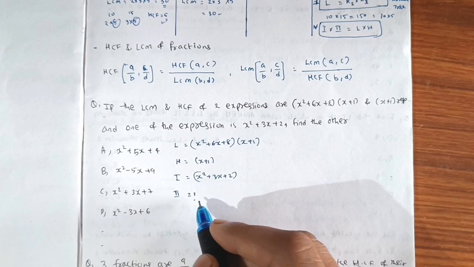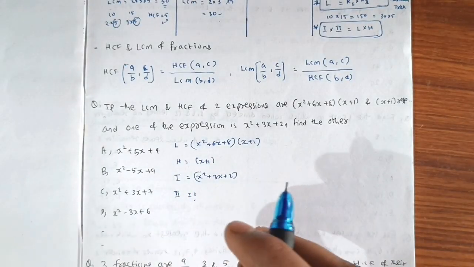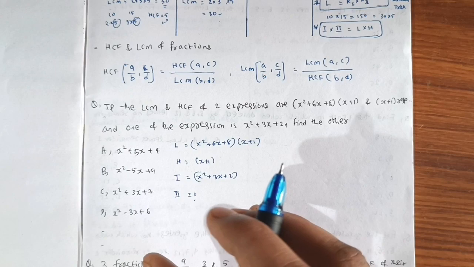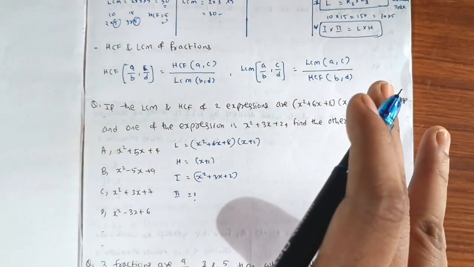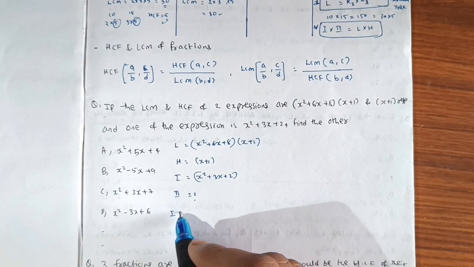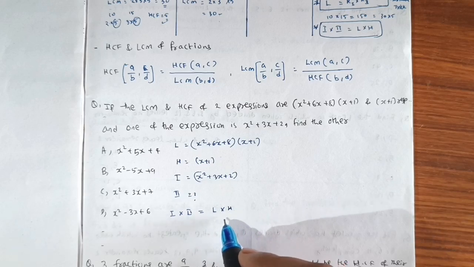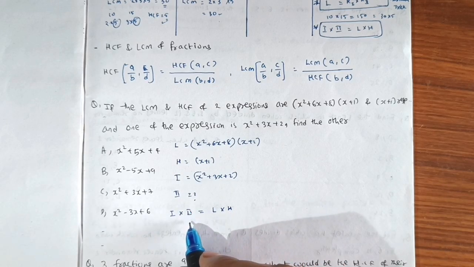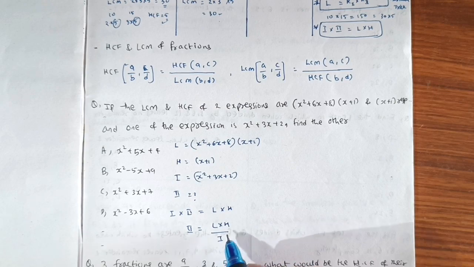Our trick is that the product of the two expressions or numbers is equal to the product of LCM and HCF, as we have seen. Now here we need to find the second expression.